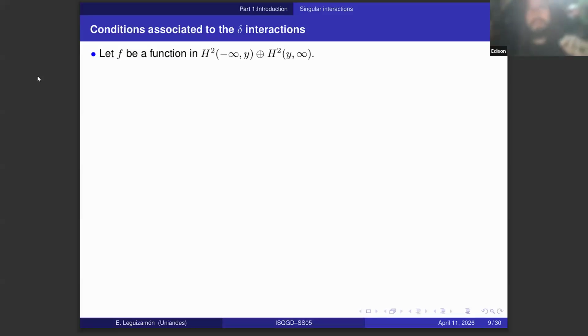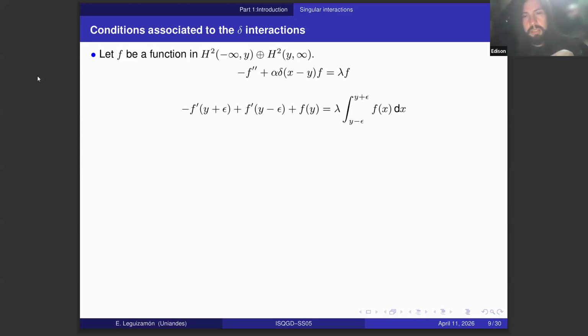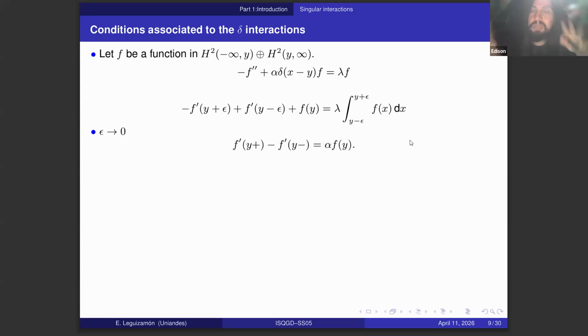The thing with the delta interaction is that it doesn't act like a classical potential or a classical multiplication operator, because if you try to solve this kind of equation and you integrate near the interaction point, and then make epsilon go to 0, you obtain this condition. So these interactions act on the domain.